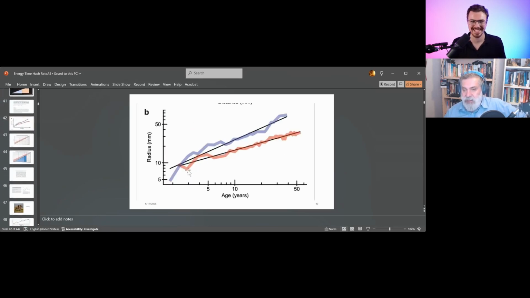In this graph, this is the radius of a tusk. The blue is the male because it has bigger tusks. You see, it's a steeper power law. That means it grows faster, right? Males use the tusk also for fighting, for love rituals or whatever it's called. And the pink one is the female.